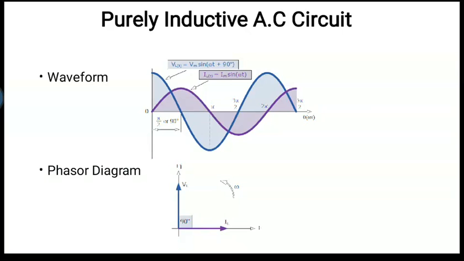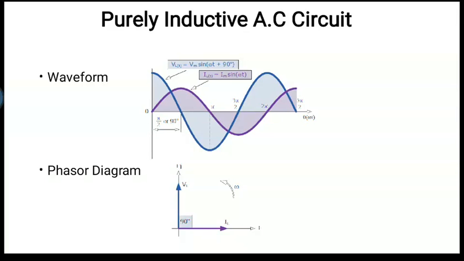Don't remember for voltage, just remember for current. In the inductor, current is lagging by 90 degree, and in the capacitor, current will be leading by 90 degree, right? So just remember only for current: inductor lagging, capacitor leading. It will not create any confusion.